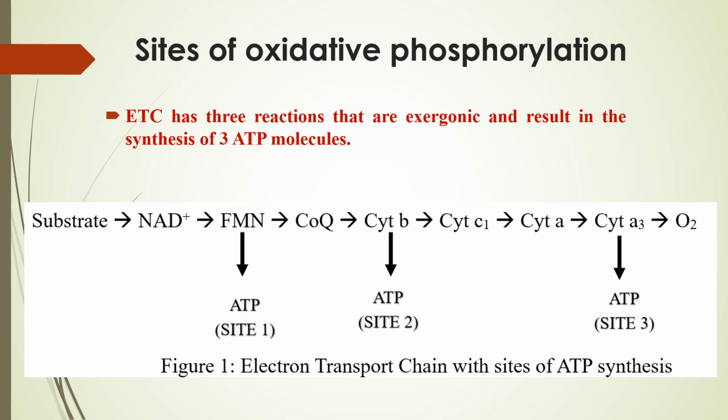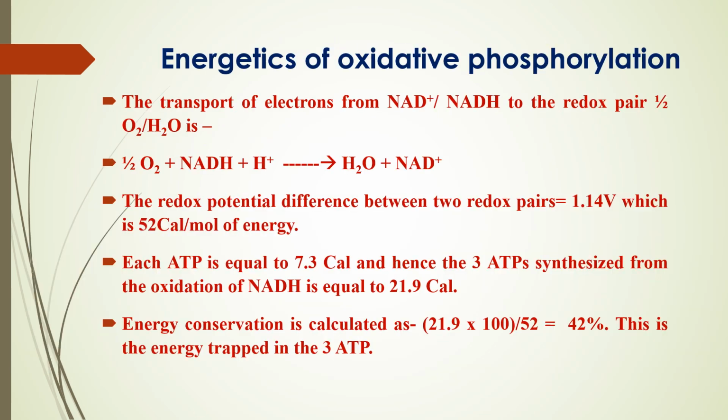Now let us see the energetics of oxidative phosphorylation. As the electrons are transported from NAD plus or NADH to the final acceptor, which is half molecule of oxygen and water, you represent it as half O2 plus NADH plus H plus giving H2O plus NAD plus.